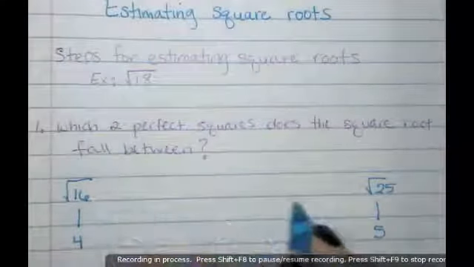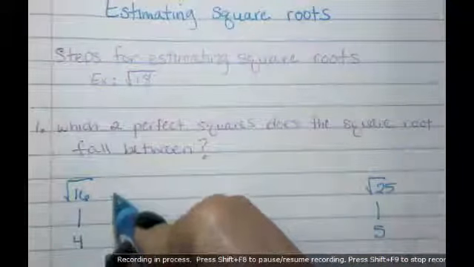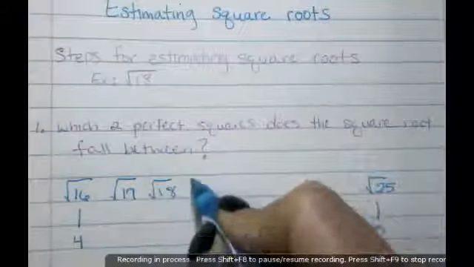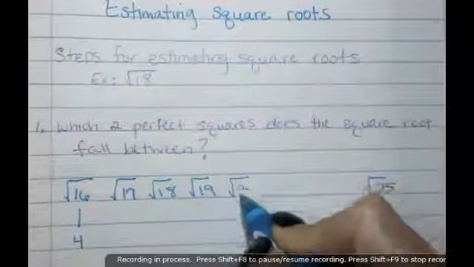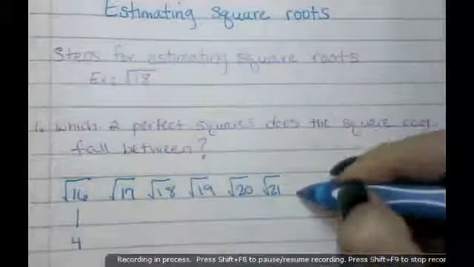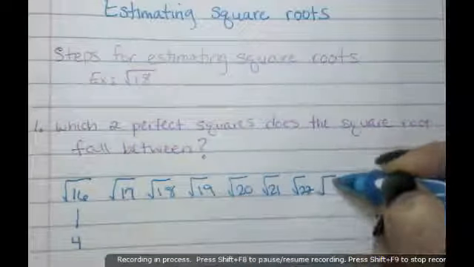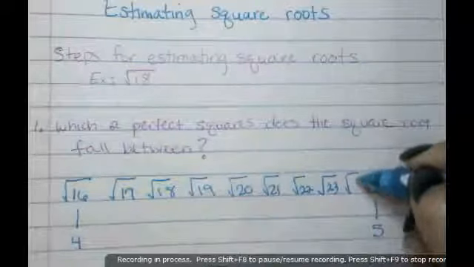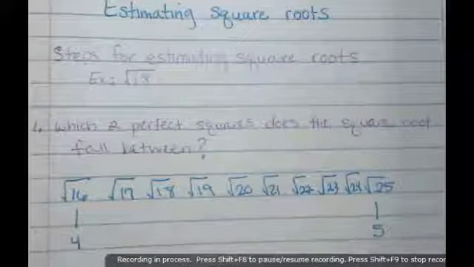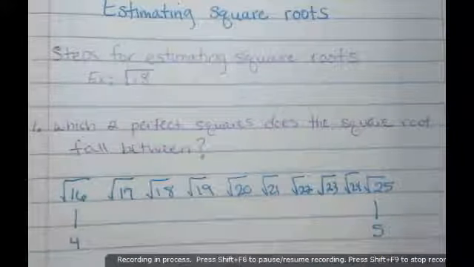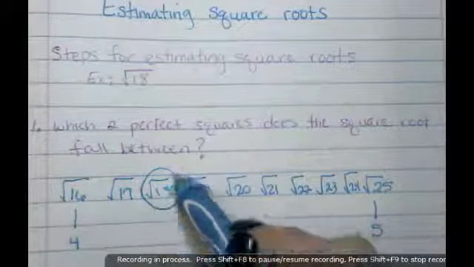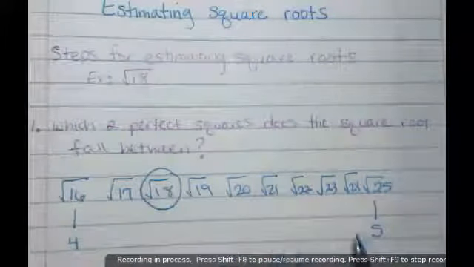Also, between the square root of 16 and 25, we have the square root of 17, the square root of 18, square root of 19, 20, 21, 22, 23, and I did not plan my spacing very well. If you write out your number line, it will probably happen to you too. It's okay. So you can see that the square root of 18 is right here, between 4 and 5.